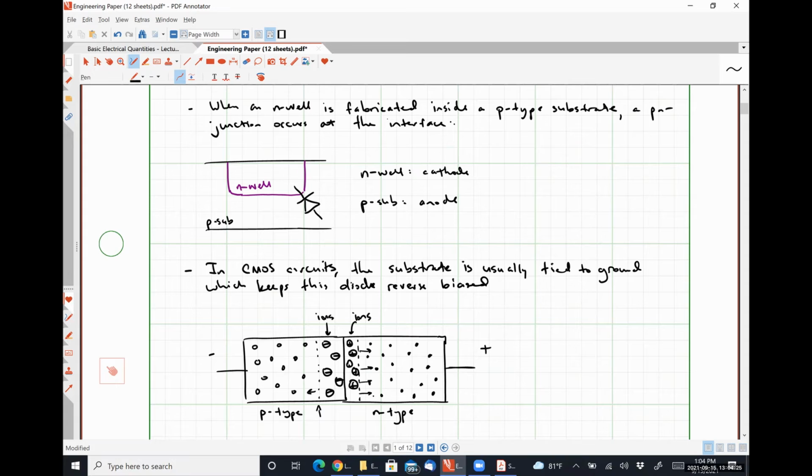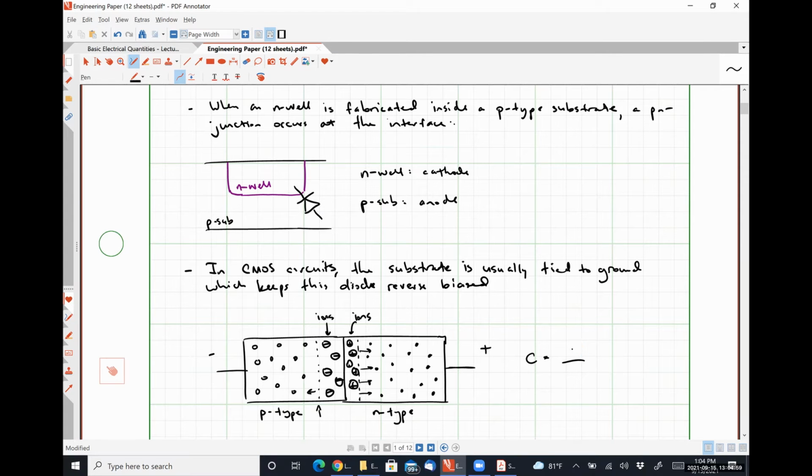What effect is that going to have on the capacitance? We can model it as a simple parallel plate capacitor, right? For a parallel plate capacitor, C is equal to... actually, that's not right.